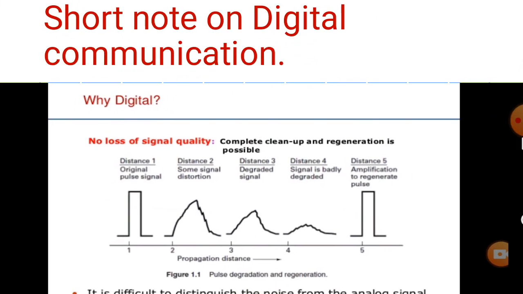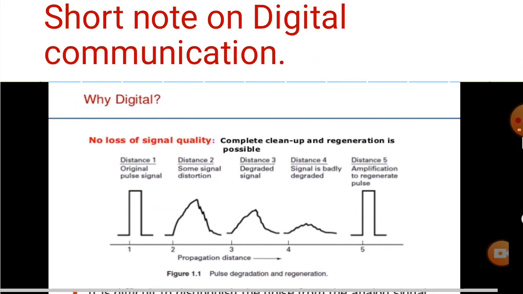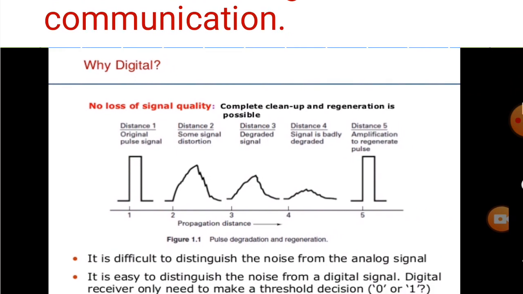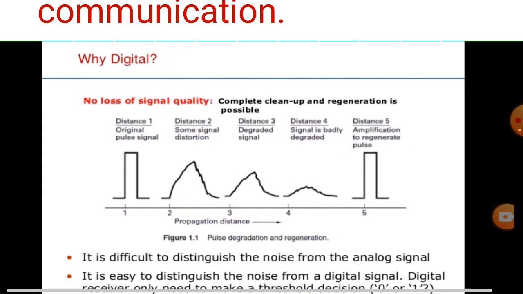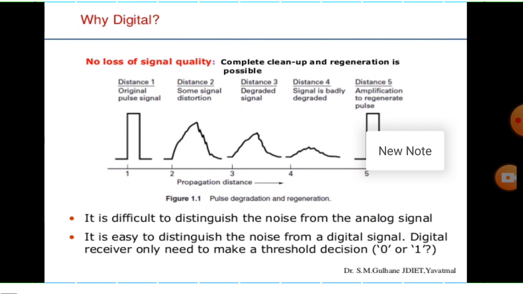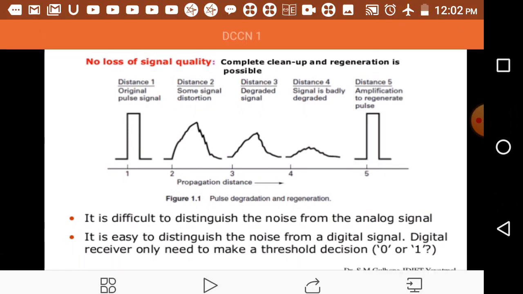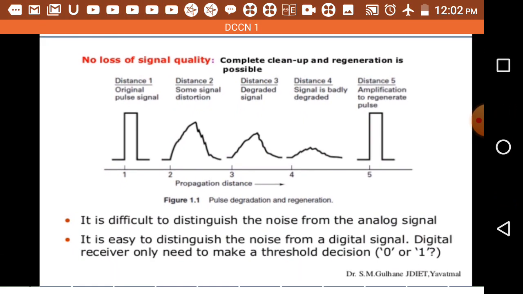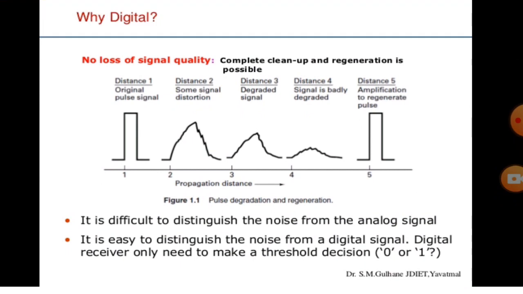Next, short note on digital communication. Why is digital needed in communication? You can go through this slide or this simple picture to understand clearly. It is difficult to distinguish the noise from the analog signal. It is easy to distinguish the noise from a digital signal.